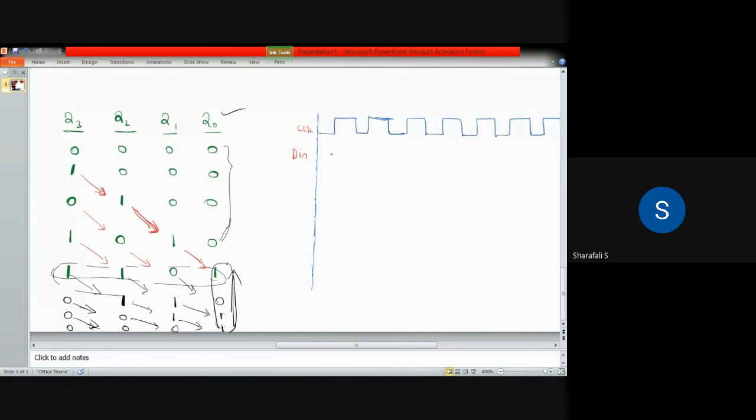Within the first clock pulse, initially D in is also 0. And then at the first triggering, it is equal to 1. So here we have 1. In the next one, it is going to become 0, right? Consider it something like this.